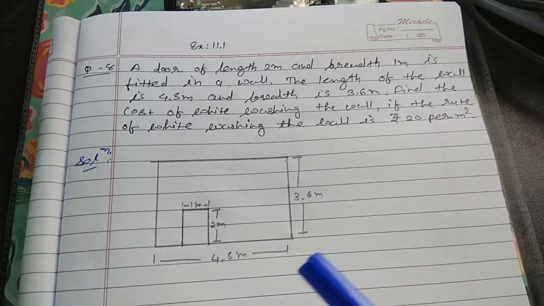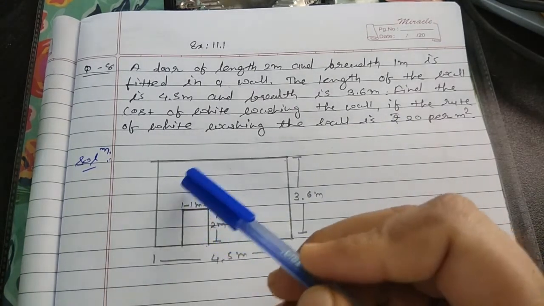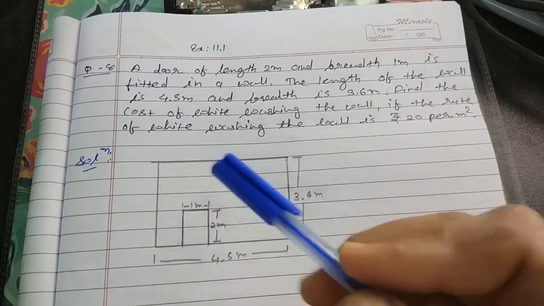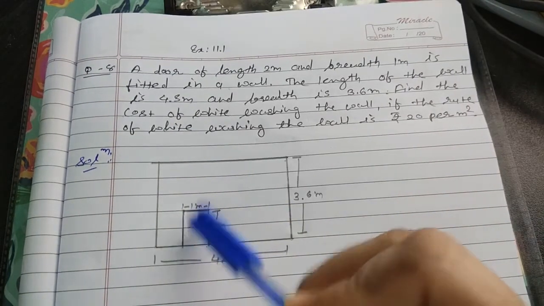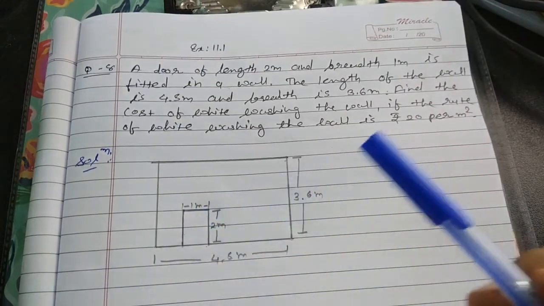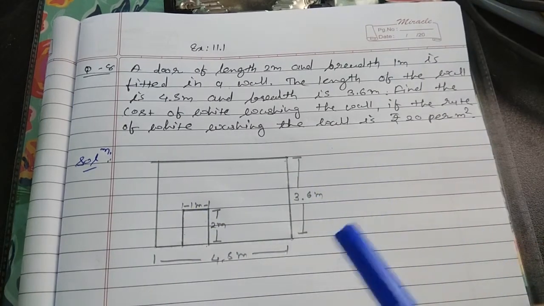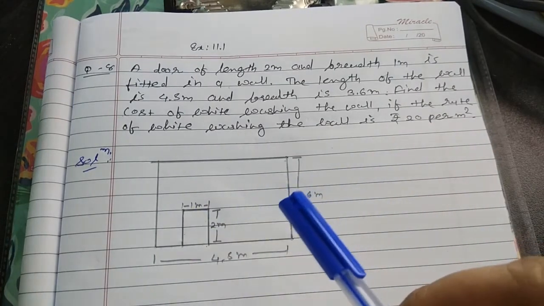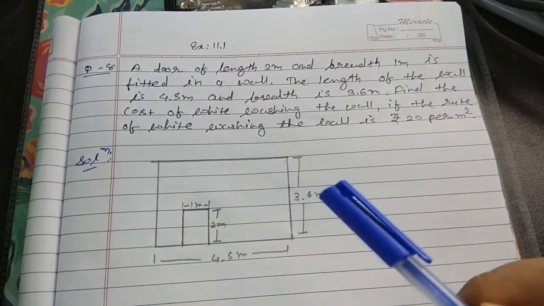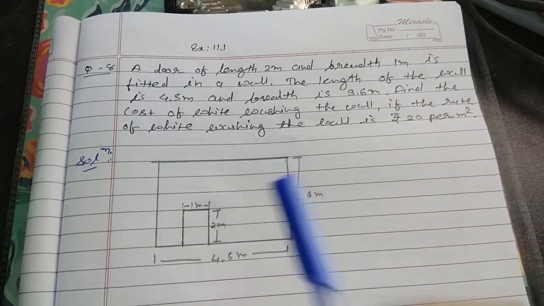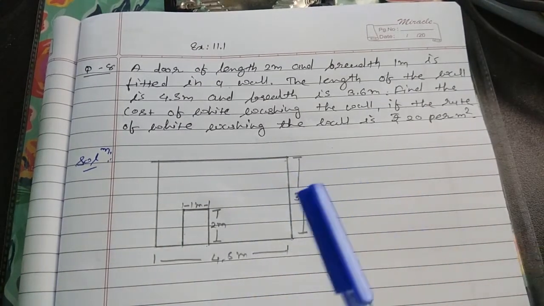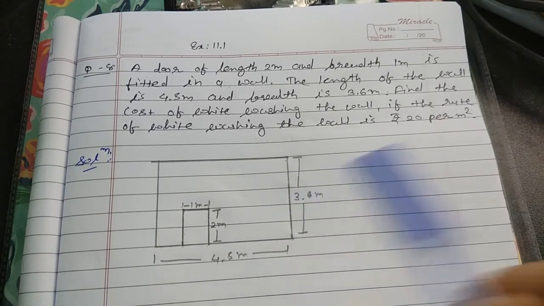Now here keep in mind, when we whitewash the wall we do not have to include the door. So for that we have to find the part of the area which we have to whitewash on the wall.